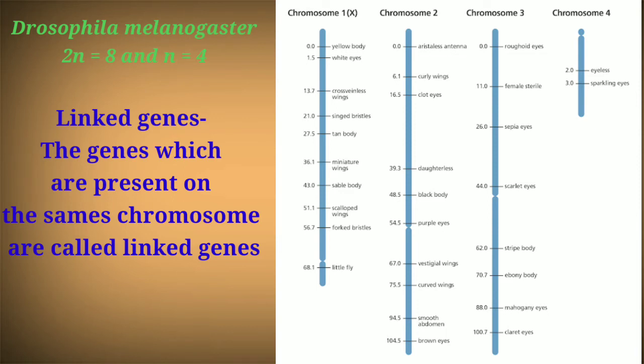But as they are present on the same chromosome, they are called linked genes. And according to the concept of linkage, these linked genes will pass from one generation to the other during gamete formation together, or they will always tend to remain together generation after generation.